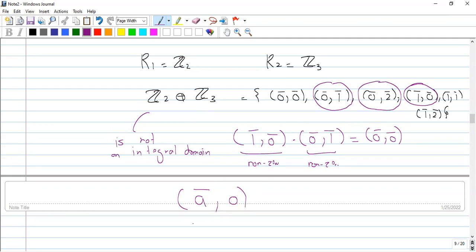So whenever you take an element such that at least one of its coordinates is equal to 0, then actually this is a zero divisor, because you can multiply it by an element of the suitable type and you will get 0.